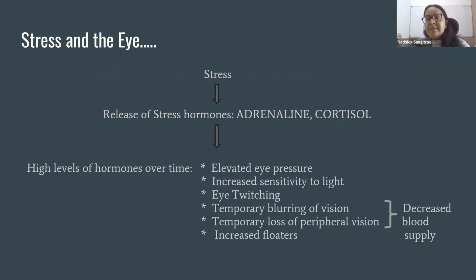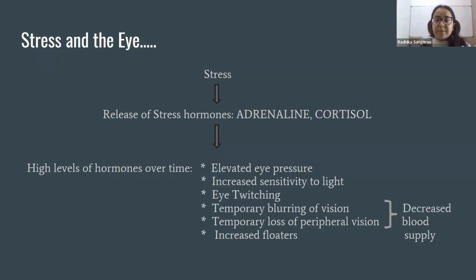It's not like a single spike. Every day in a high tension atmosphere, these hormone levels multiply, and this can cause different kinds of eye problems. It can raise the eye pressure, just like it can raise the blood pressure. The eye is like a balloon and it has pressure because of the fluid inside it, and I will discuss the effects of it later.